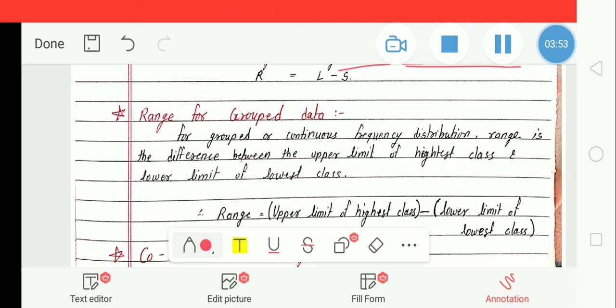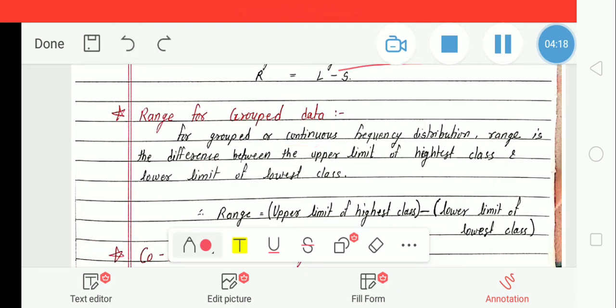Now next is the range for grouped data. For a grouped or continuous frequency distribution, range is the difference between the upper limit of the highest class and the lower limit of the lowest class.